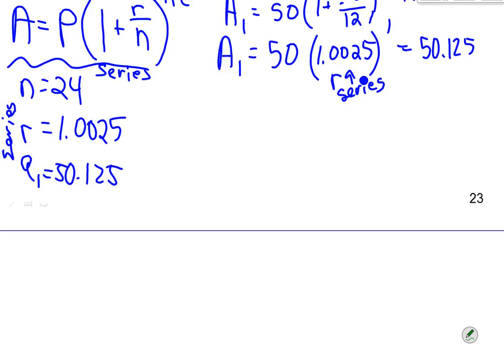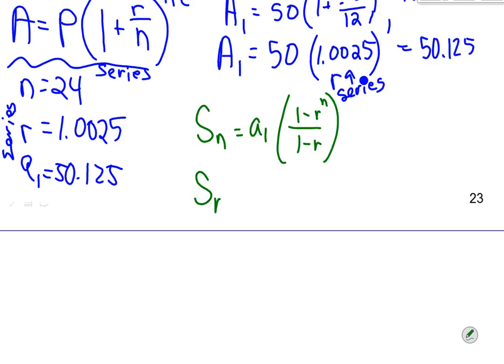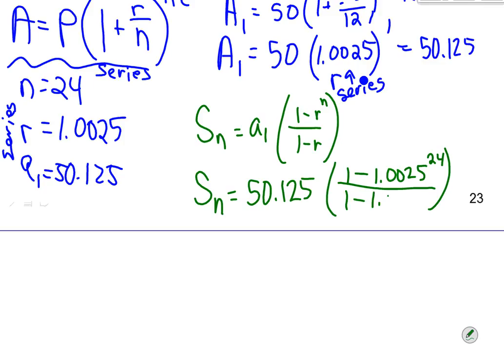So now are we using our finite or our infinite sum? Finite. So S sub n equals A sub 1 times 1 minus r to the n over 1 minus r. And so S sub n equals 50.125 times 1 minus 1.0025 to the 24th over 1 minus 1.0025.